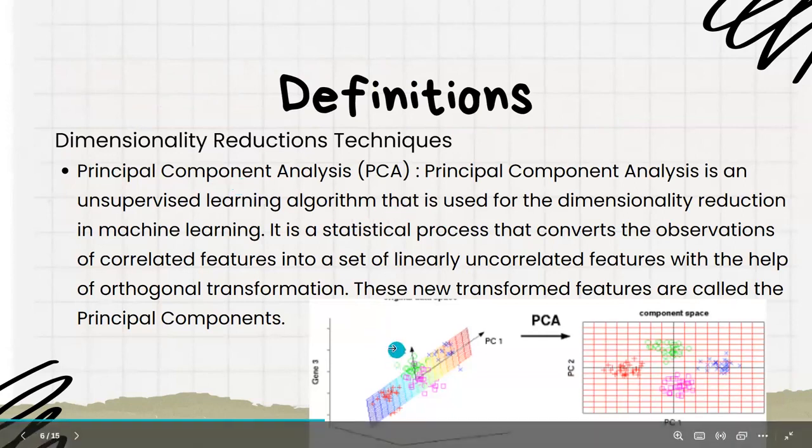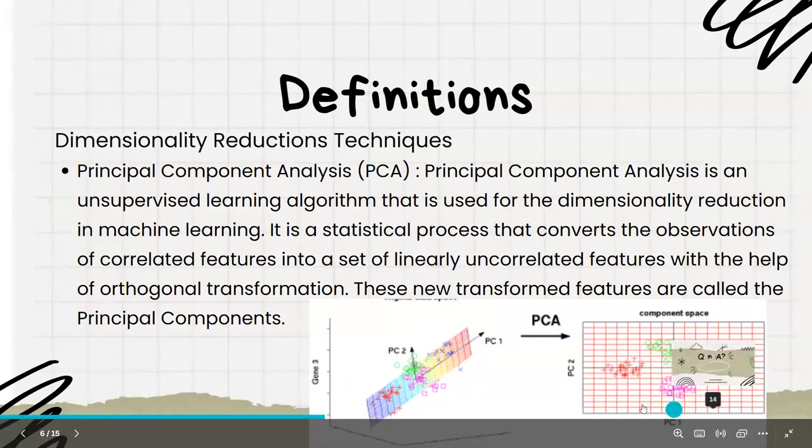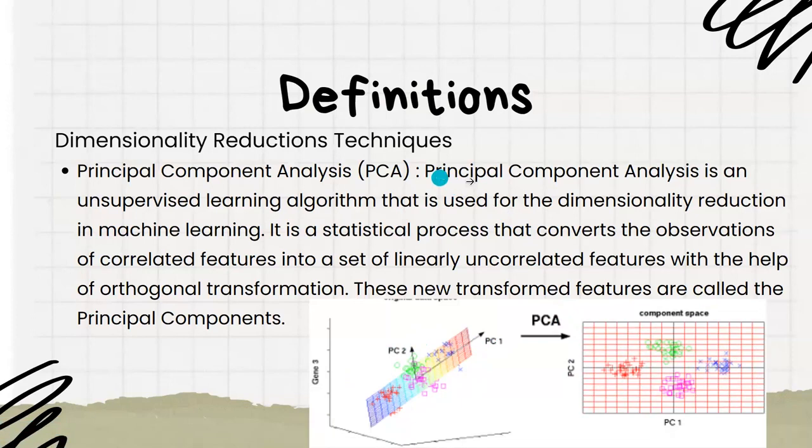As you can see in this picture, it is making PC1 and PC2 orthogonal axes, and it is representing the data set in its own axes, or say on a plane. That is how it reduces the data set and helps in normalization of the data set. So this is one of the techniques that we are going to use.